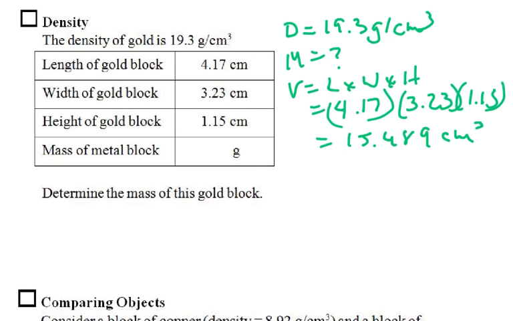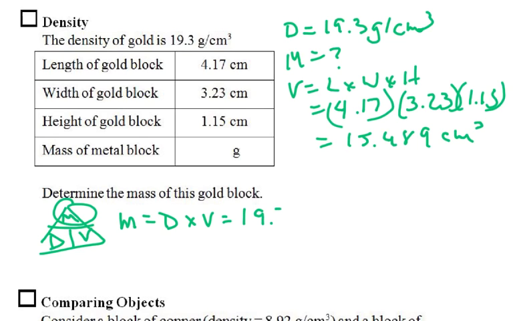And I want to find my mass. Okay, so what's my formula? I want my mass this time. So here's my density triangle. Density equals mass over volume. I want the mass, so that's going to be density times volume. Substituted in, 19.3 grams per cubic centimeter times 15.489 cubic centimeters.